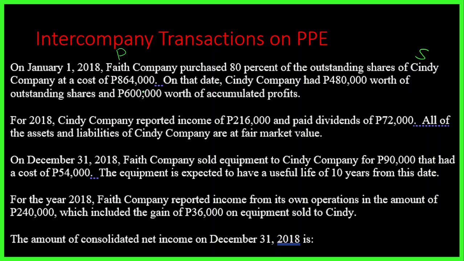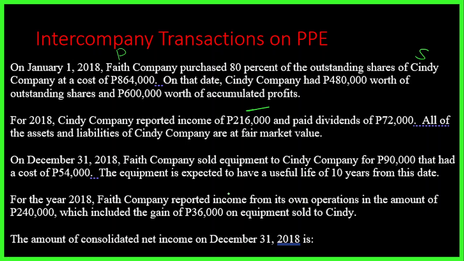Cindy Company had 480 worth of outstanding shares and 600 worth of accumulated profits. For 2018, Cindy Company reported income of 216, and we need that. All of the assets and liabilities of Cindy Company are at fair market value.